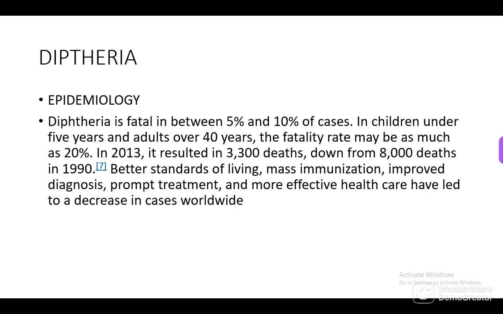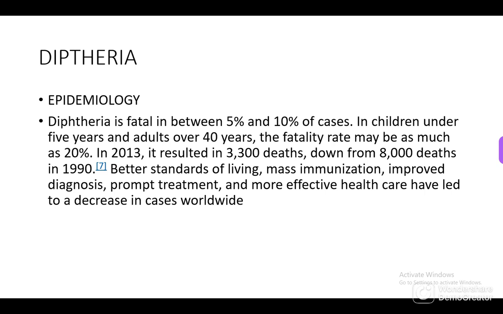I have seen 3 or 4 cases of diphtheria in my life. In 2013, it resulted in 3,300 deaths, down from 8,000 deaths in 1990, because of the vaccination program and better hygiene.